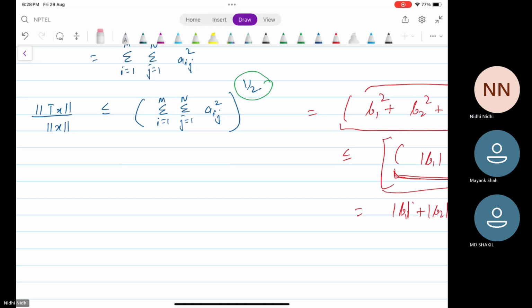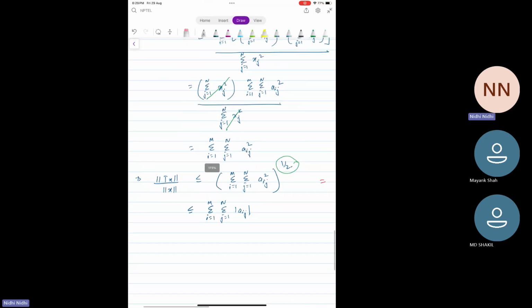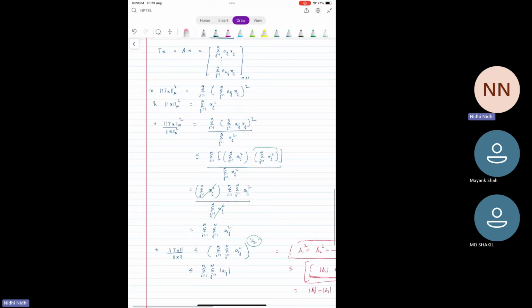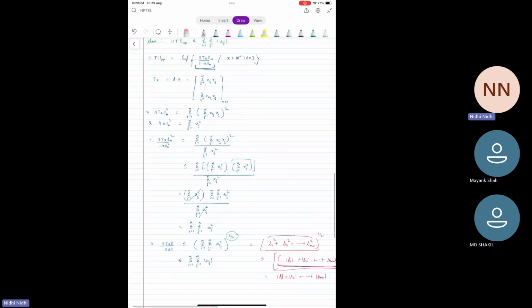We get summation i from 1 to m, j from 1 to n, mod aij. So that's what we wanted to show. Now, since each term is less than or equal to this, the supremum will also be less than. Therefore, the operator norm will be less than or equal to this term.